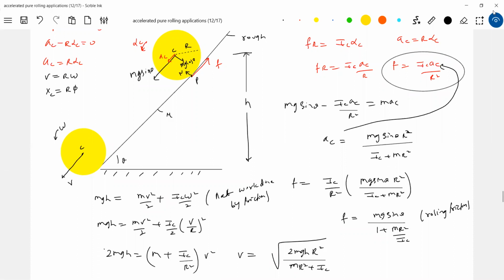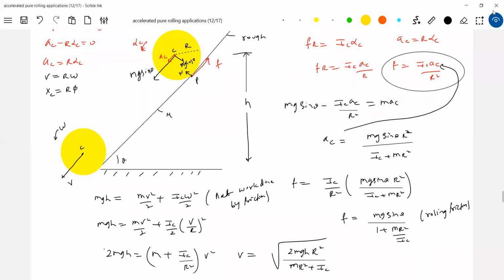What will be the minimum value of mu for which it will have pure rolling? Any conditions you will put here? The condition for mu, as I am just trying to introduce here.